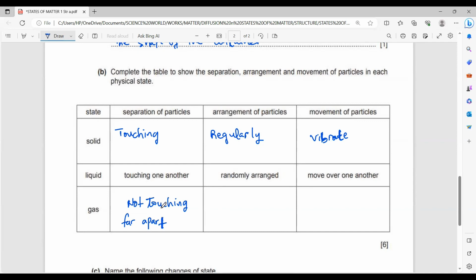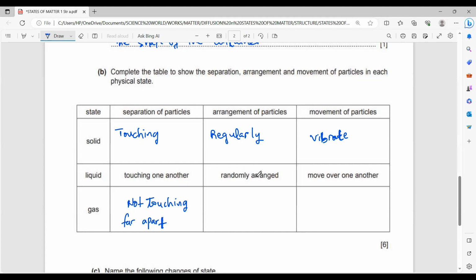I'll give you a mark. That's just one of the reasons you should be careful while answering this kind of question. So they're not touching, or the particles are far apart. That's still good.